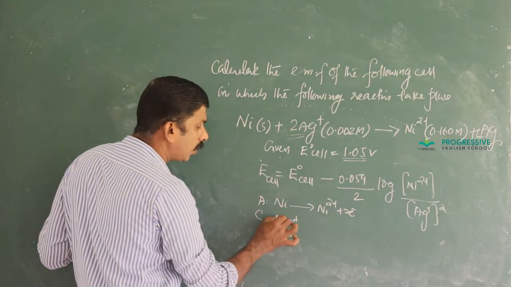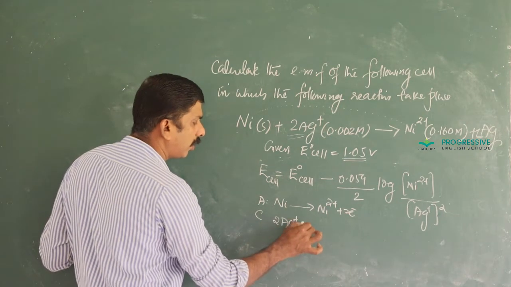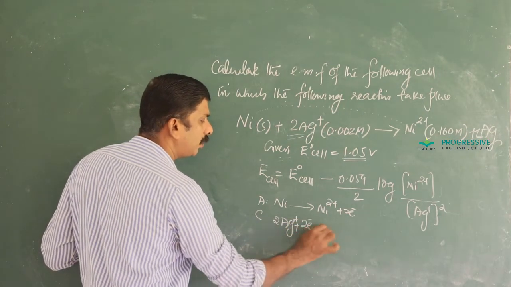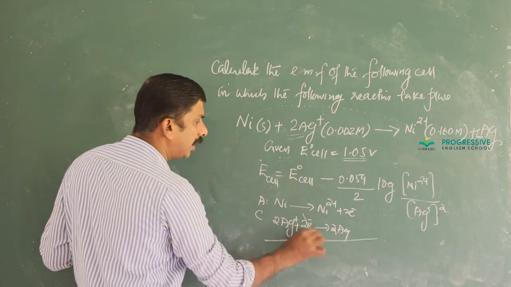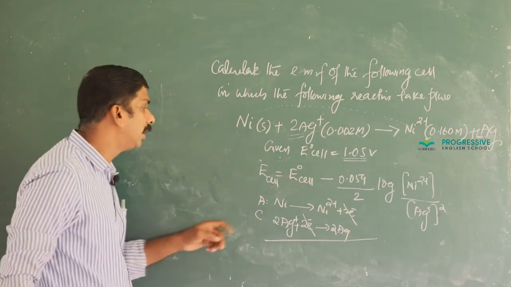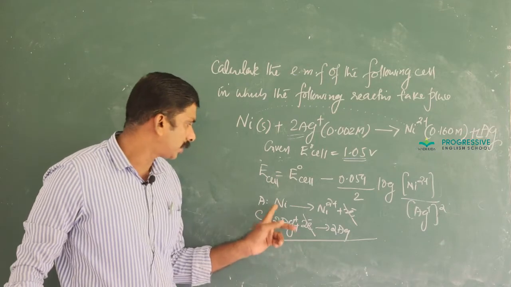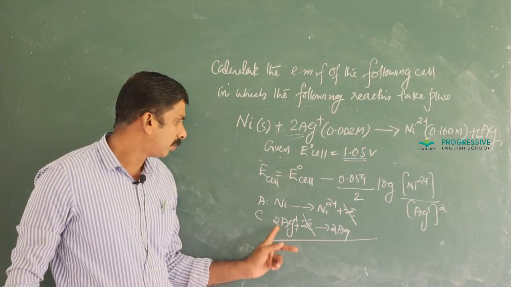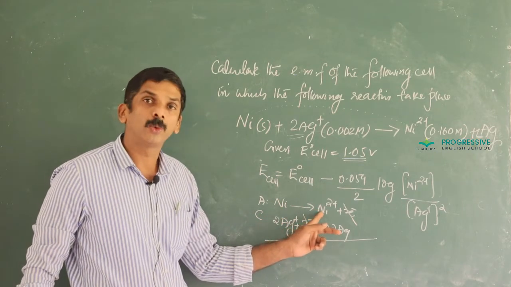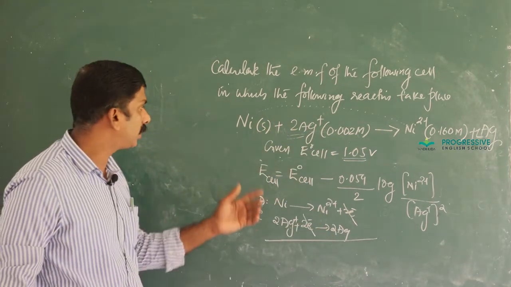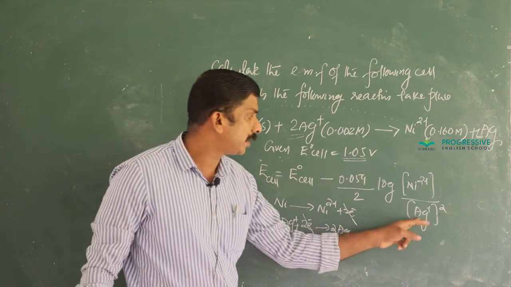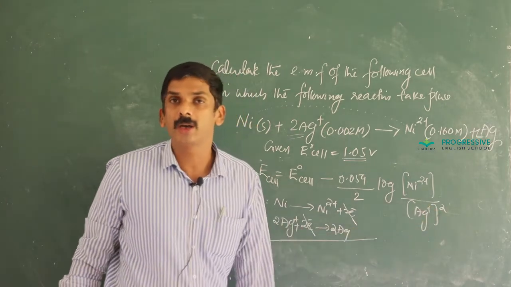In order to equalize the number of electrons, we use 2 Ag plus plus 2 electrons gives 2 Ag. Then, by adding the electrode reactions, the equation becomes Ni plus 2 Ag plus gives Ni2 plus plus 2 Ag. Since the coefficient of Ag plus in the equation is 2, we always take Ag plus squared. Okay?